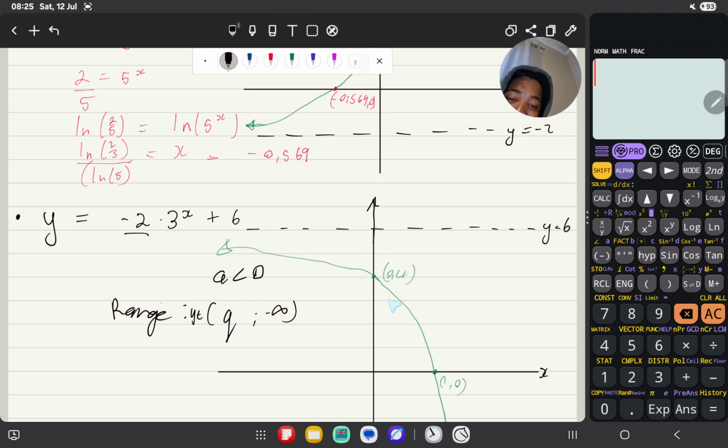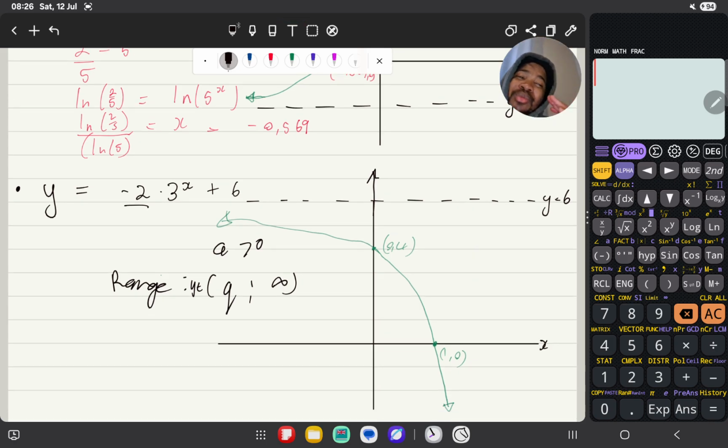Because we move from this side and we go to the negative y values, but then if a is greater than 0, then we have it going to positive infinity, right? And also, you start with the smallest. So again, if a is smaller than 0, then this is negative infinity to q, right?